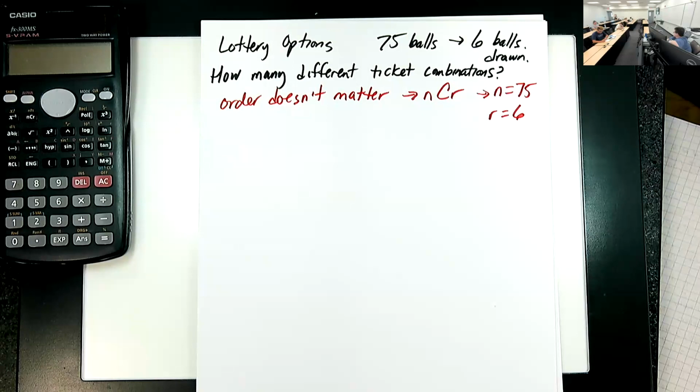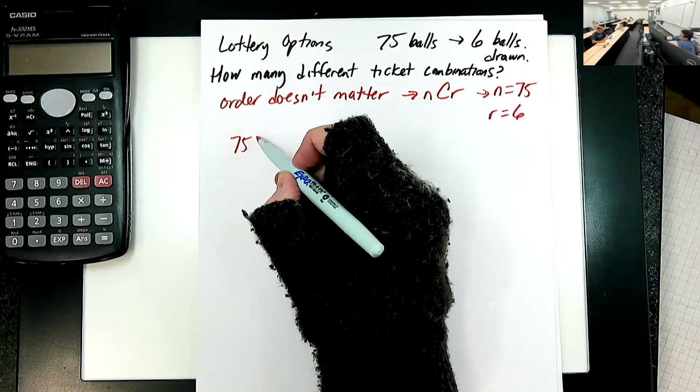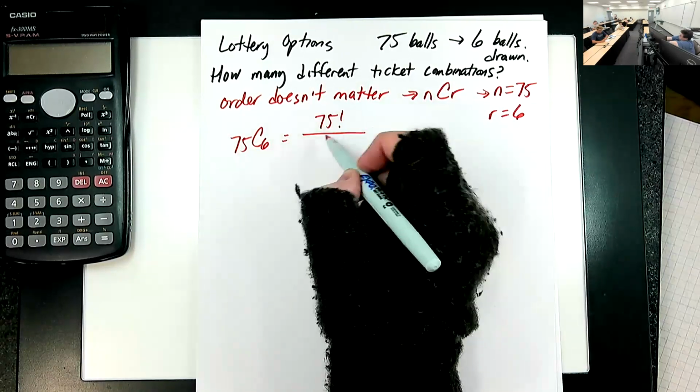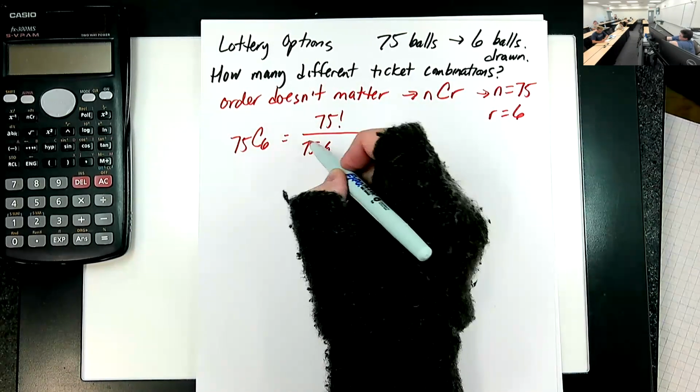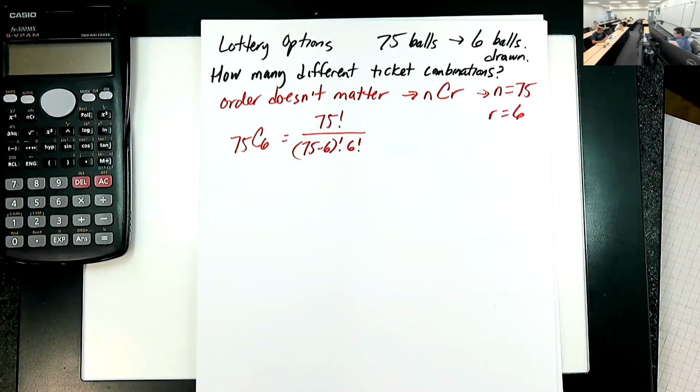There are ways of cleaning this down by hand if you don't have a calculator with even a factorial button. And we'll explore them real quick.